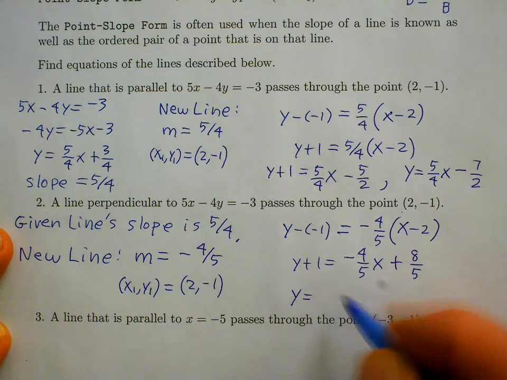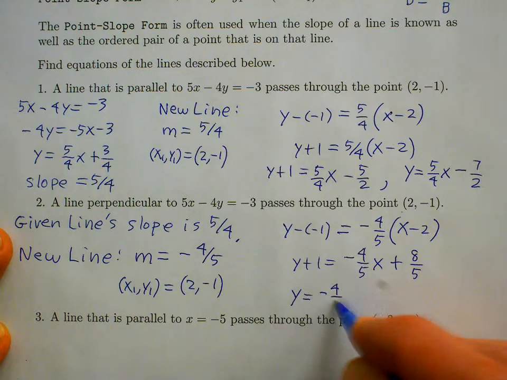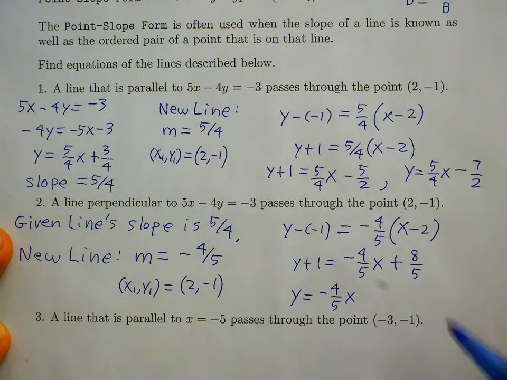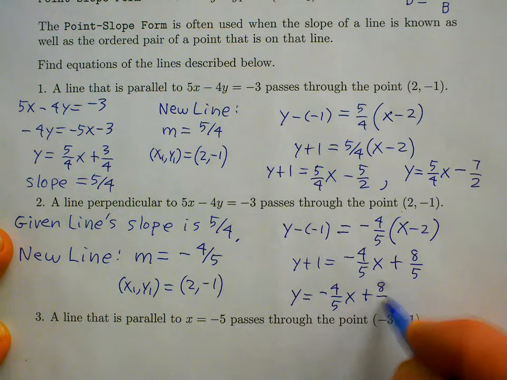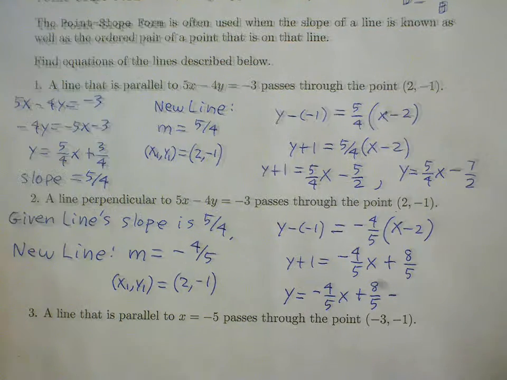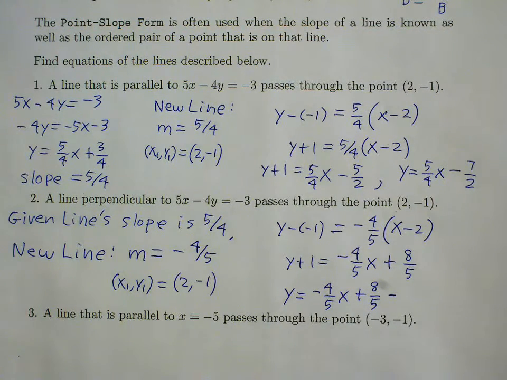On the right-hand side, -4/5 x. And then plus, I'll write in a little more detail here. We have +8/5. And then we're going to subtract 1. But what form should 1 take if I want to subtract it from 8/5? Yeah, 5/5.